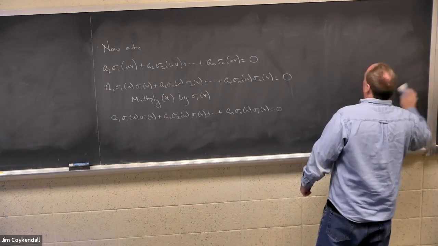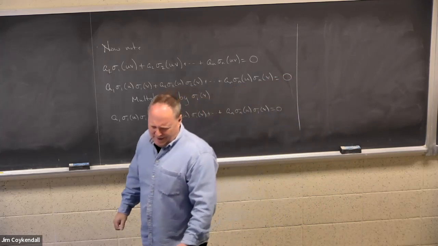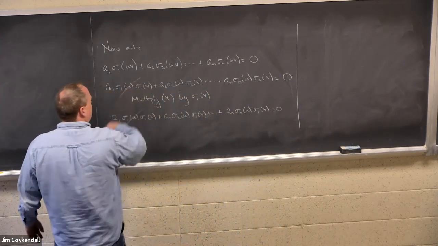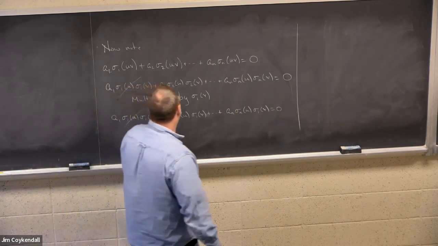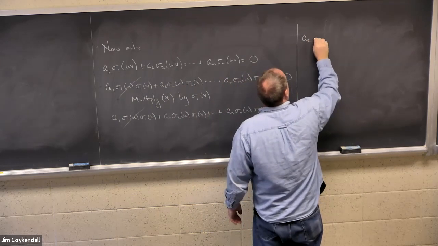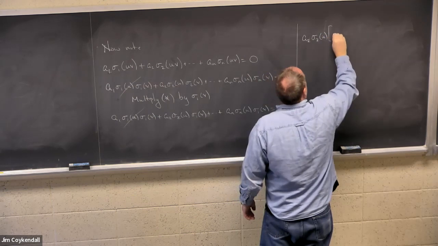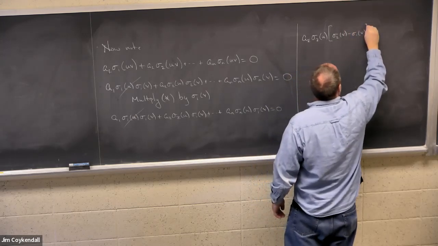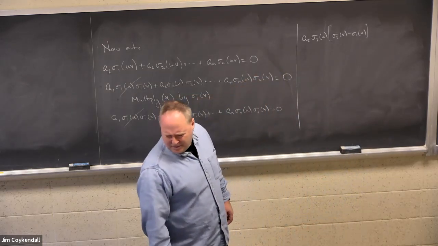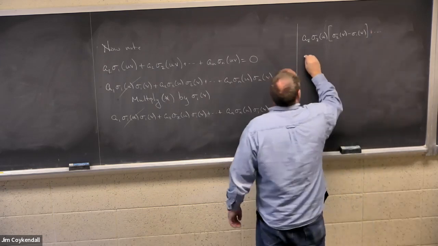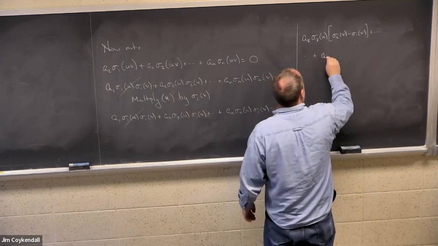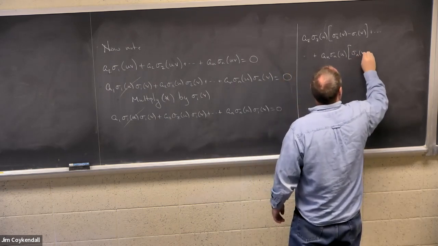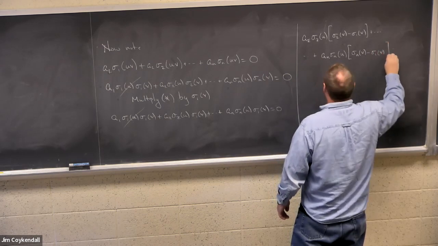And so if I subtract the second from the first, what I get is, of course, the first term is dead right here, and this is a_2 sigma_2(u) times (sigma_2(v) minus sigma_1(v)) plus ... plus a_n sigma_n(u) times (sigma_n(v) minus sigma_1(v)) equals zero.